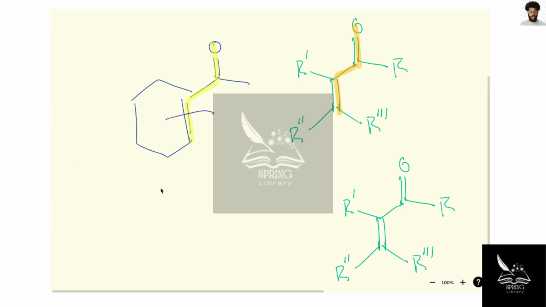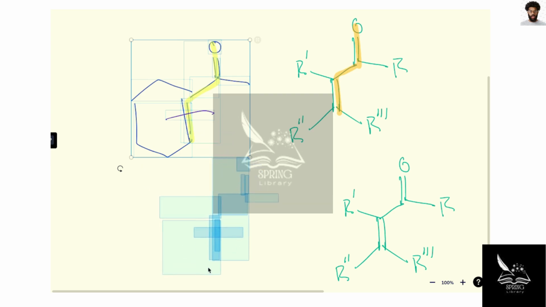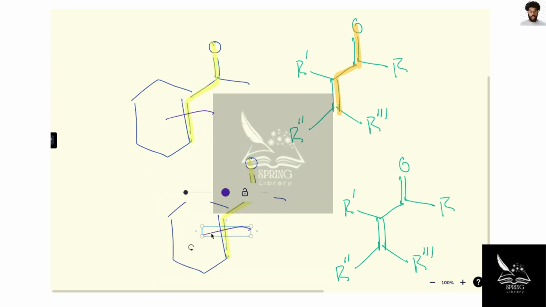So maybe let me redraw this and I'll show how you might do that. Okay, we don't want this bond anymore. Okay, and we want it instead to go to an oxygen. So I'm going to draw it down to the right instead of straight up, right?